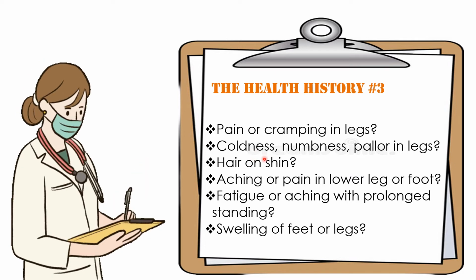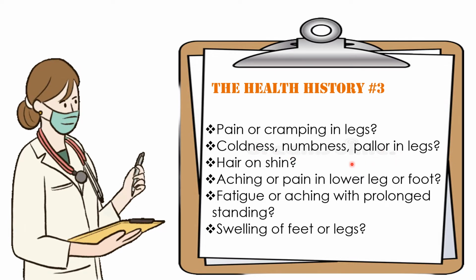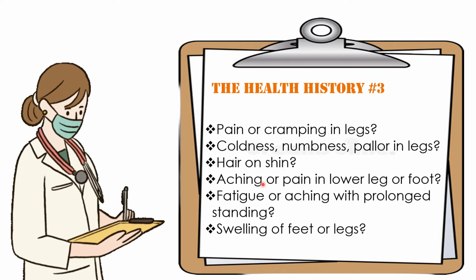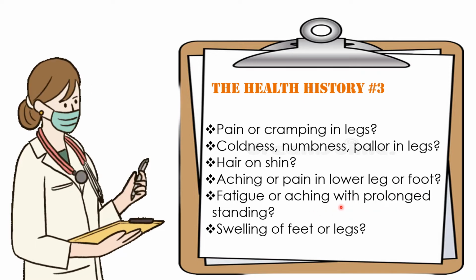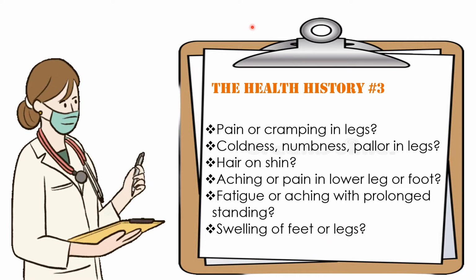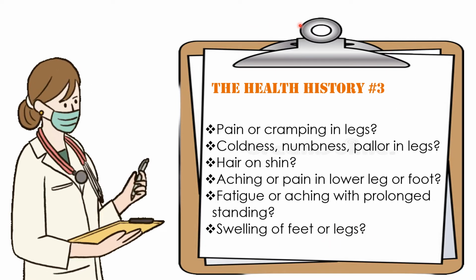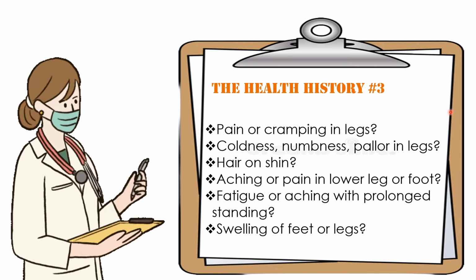You can also ask if there is coldness, numbness, pallor in the legs, hair on the shin, aching or pain in the lower leg or foot, fatigue or aching with prolonged standing, swelling of the feet or legs, if there is swelling, edema, varicose veins, and aching in the legs. Those are all symptoms of venous stasis.